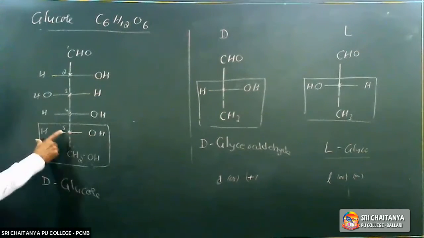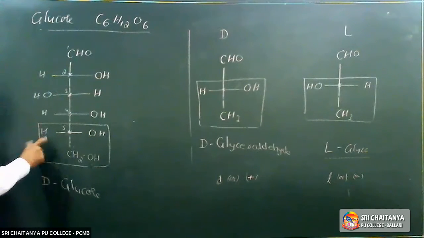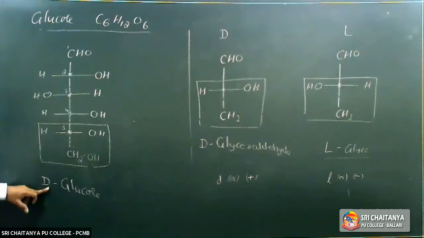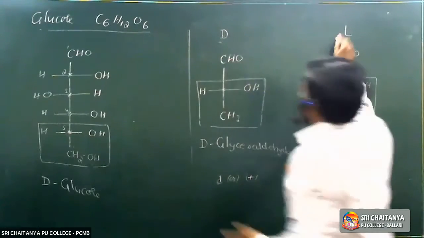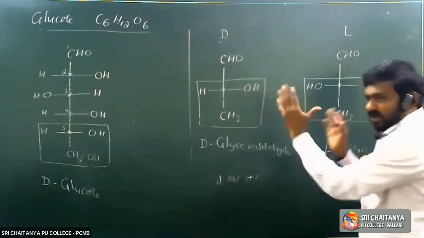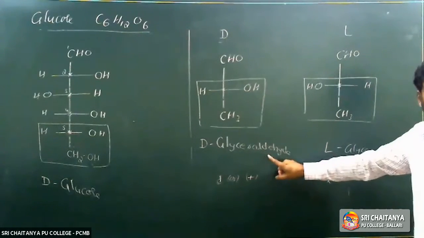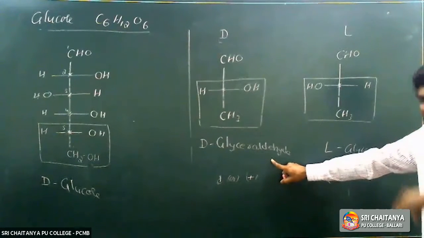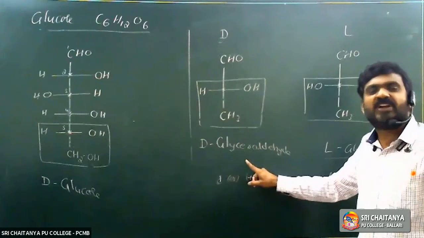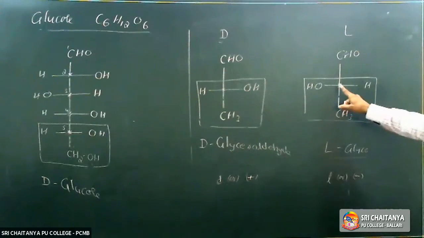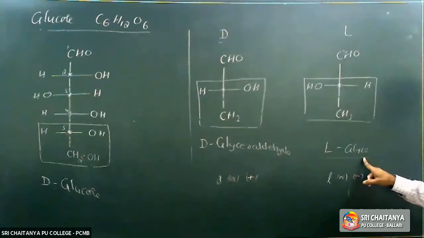If OH is present on the left hand side on the highest asymmetric carbon, it is considered capital L glucose. Glyceraldehyde is taken as the reference: OH on the right is capital D glyceraldehyde, OH on the left is capital L glyceraldehyde.